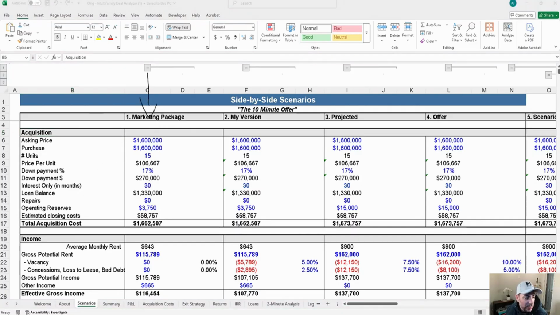So we're going to focus on the marketing package. What's the marketing package? Basically, the information that I received from the broker, from the wholesaler, or whatever the deal source is. Then my version, we're going to stabilize the property here. What does that mean?